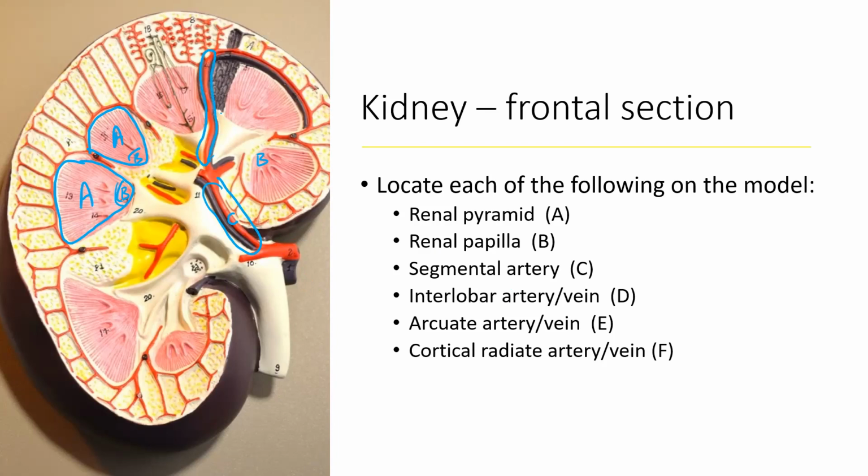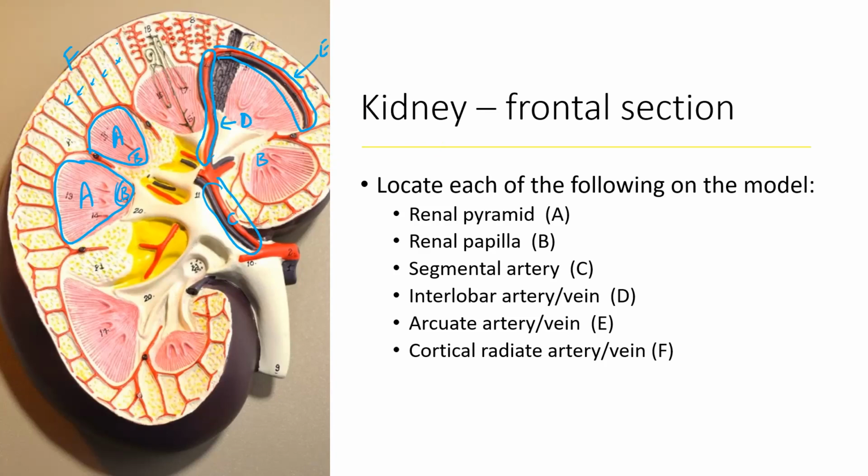So those are the interlobar. The arcuate is the one that is on the outer edge. That's this one. And then all these things that are coming off from the arcuate artery, that's the cortical radiate artery. And the veins are not joined, but it will be right beside it.